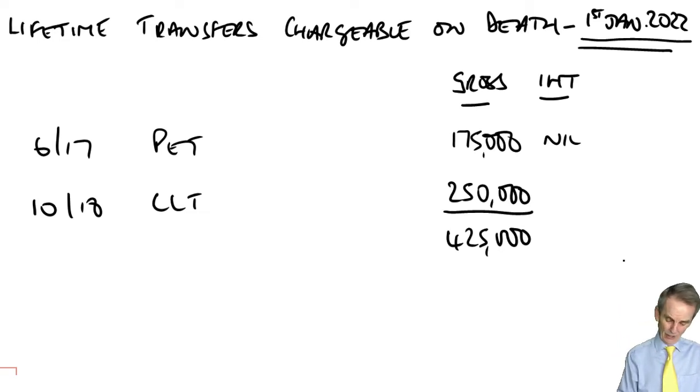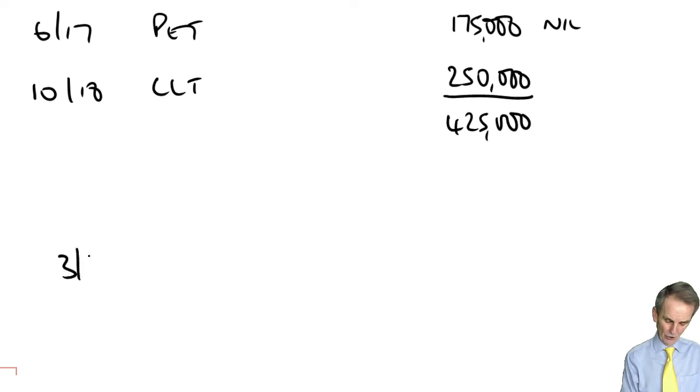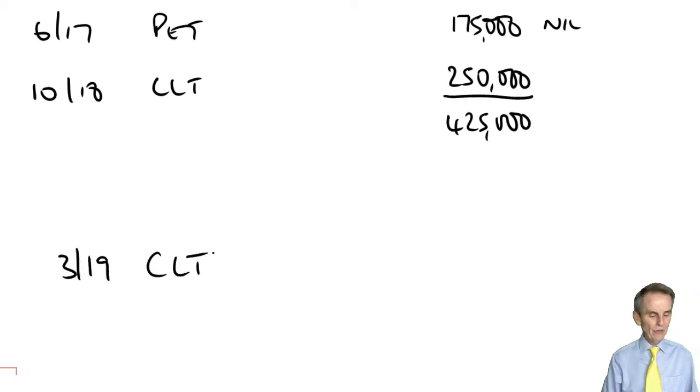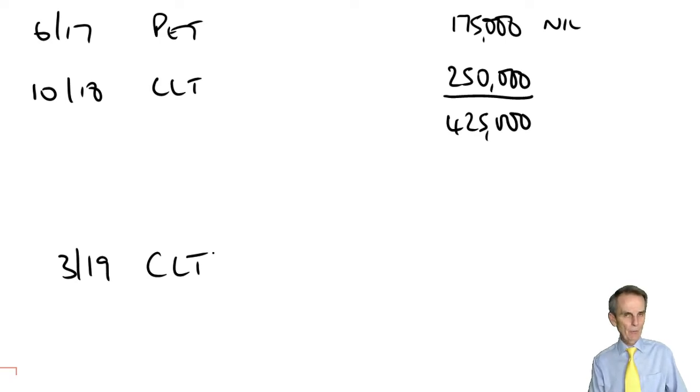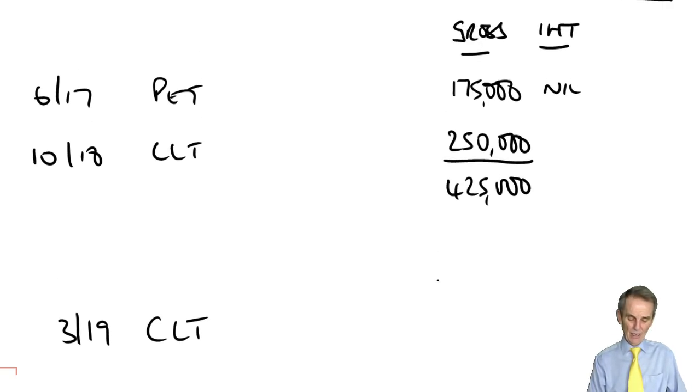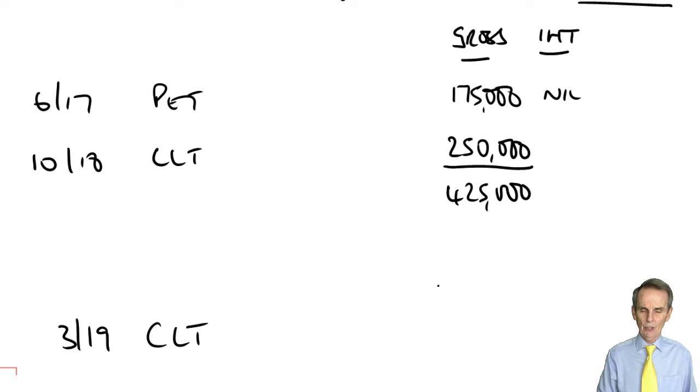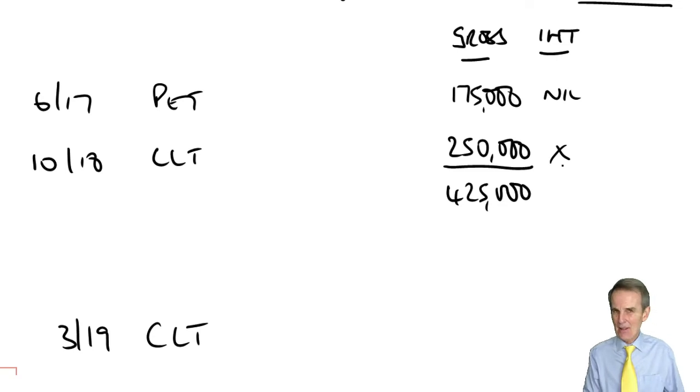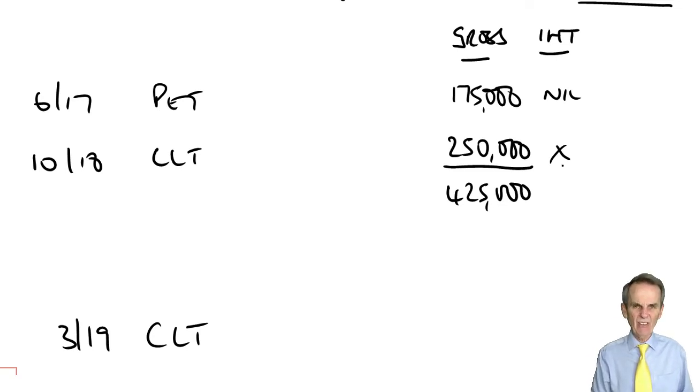to have a look at March 19, where you had the second of those two CLTs. So remind yourself, this is the lifetime transfers chargeable on death. We have recorded here that which happened in terms of such transfers within the 7 years before the date of death. But remember also, when you compute any such tax figure, when you've done the computation for it, there may be a deduction or two that is available to come away from that.